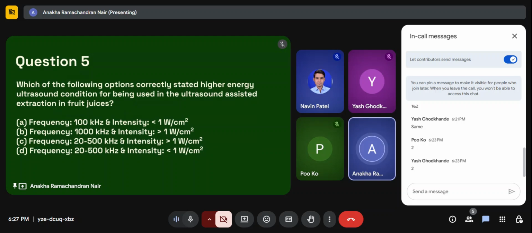This is the frequency, the kilohertz, and this is the watts per square centimeter, W per centimeter square, which gives you the intensity, how much power is delivered per unit area.